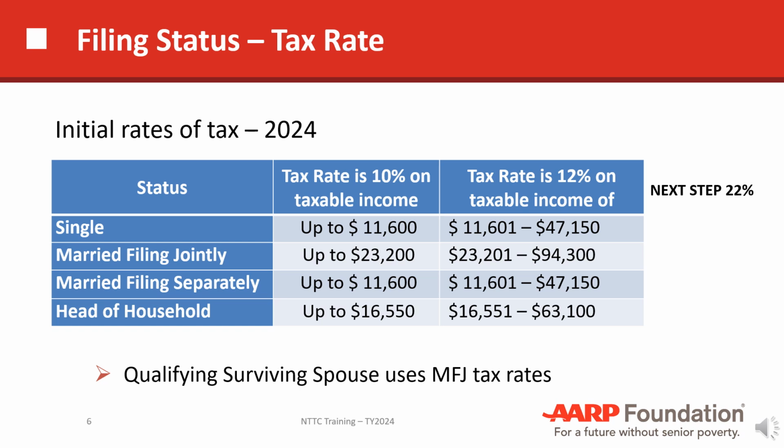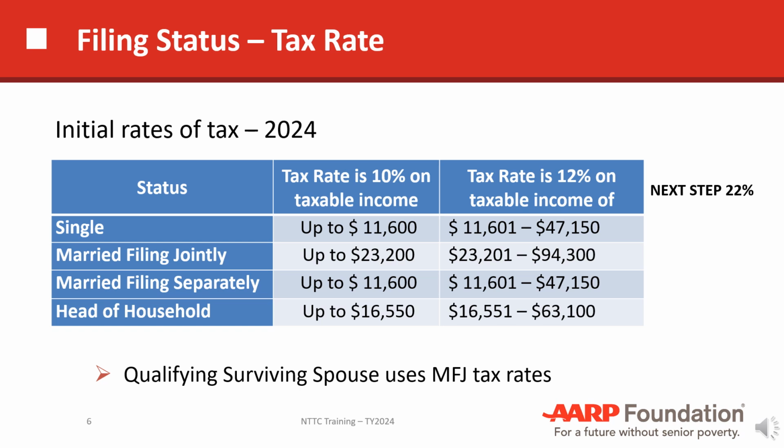Then after that, from $11,601 to $47,150, that amount of income is taxed at 12%. Then anything over that 47,150 is taxed at 22%. So you can see that for each filing status, there's a difference in how their income is taxed.